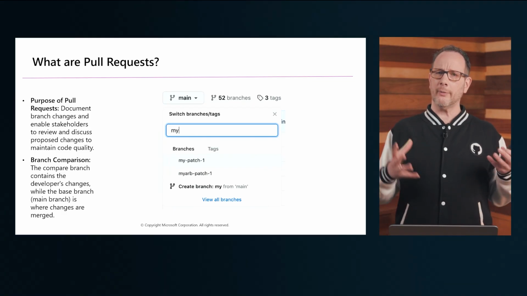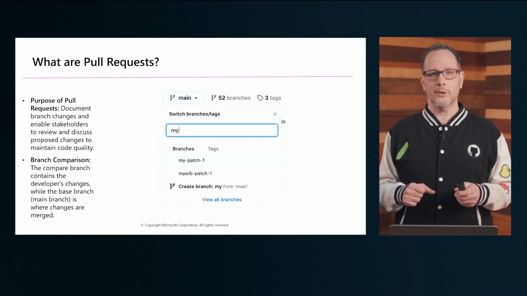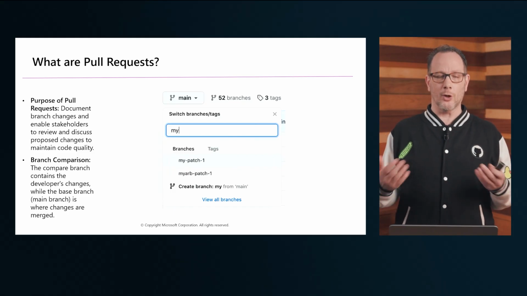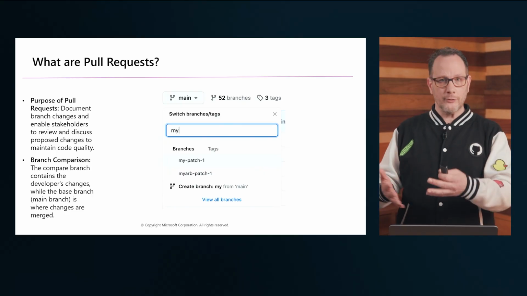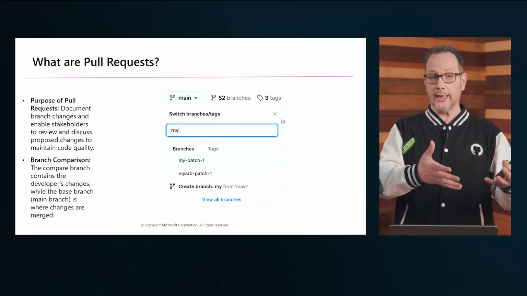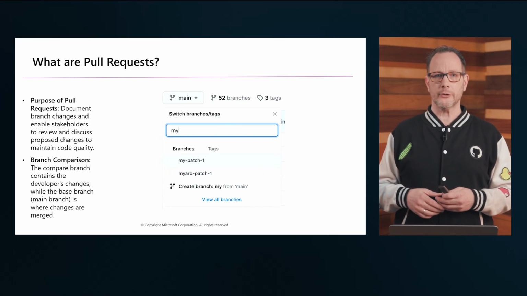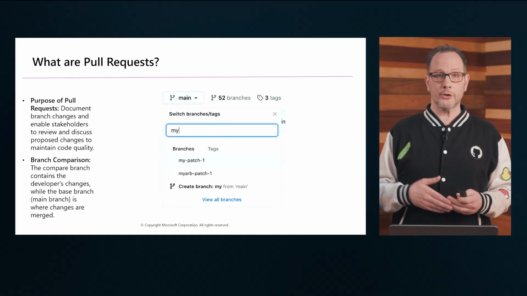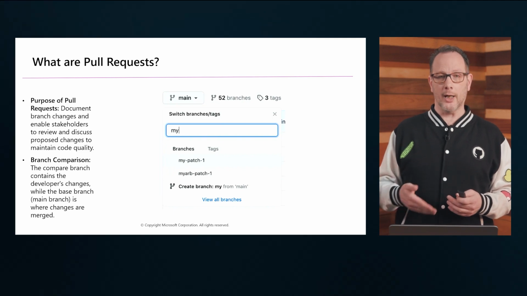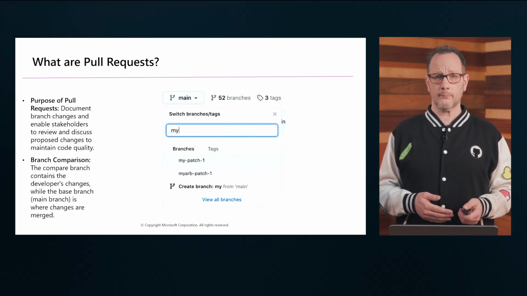Now, what makes pull requests so powerful is the discussion that happens around them. Team members can ask questions, provide feedback, point out edge cases, and suggest improvements. All this keeps code quality high and ensures that everyone understands how the project is evolving.